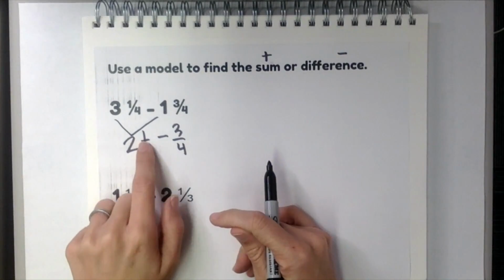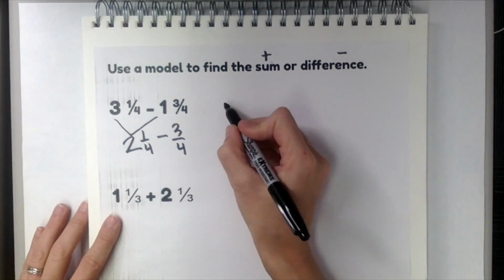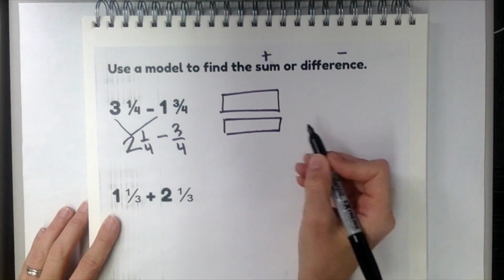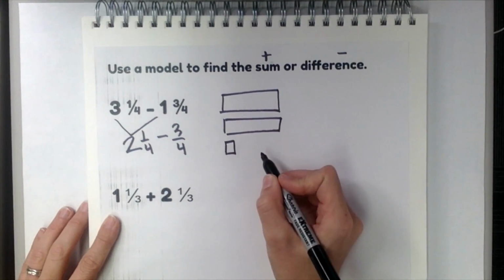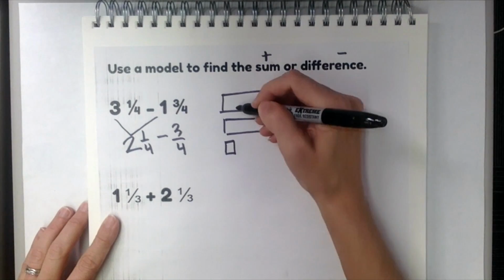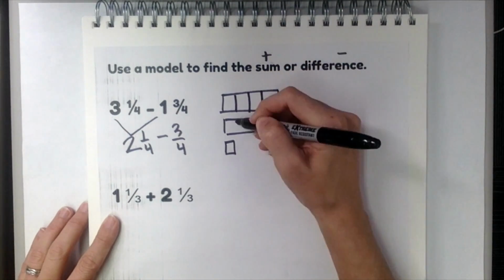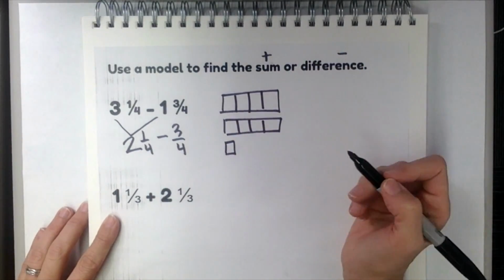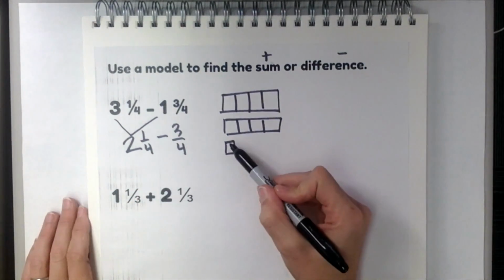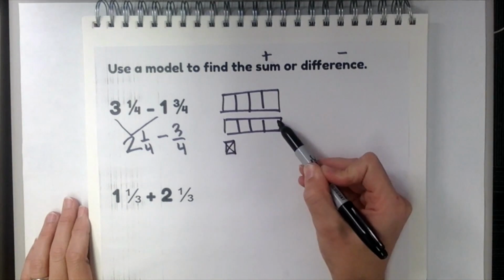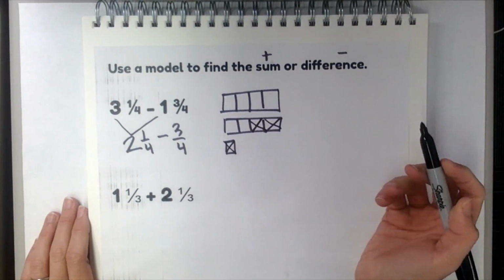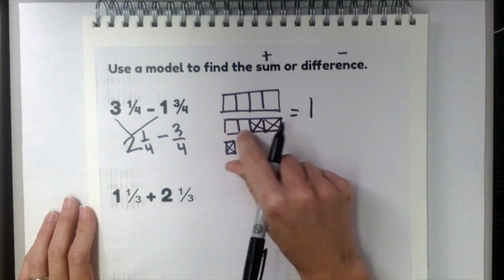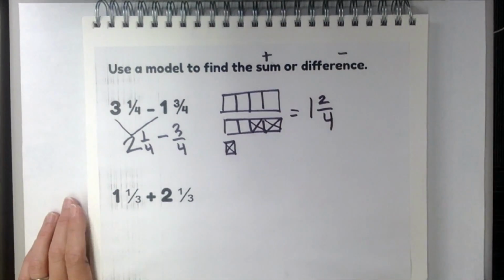Well, I can't do 1/4 minus 3/4, so I'm gonna make 2 wholes and then 1/4, and I'm gonna break apart my wholes into fourths. So I have my 2 1/4 here, and I'm gonna take away 3/4. I'm gonna take away 1, 2, 3, and that leaves me with 1 whole and 2/4.